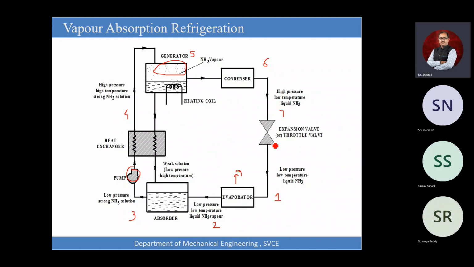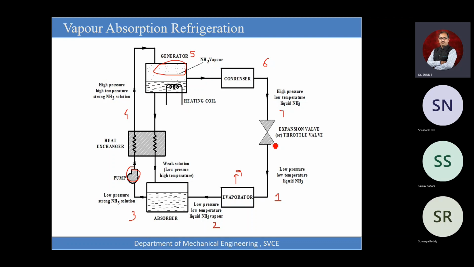At point 6, that is in the condenser, now what is happening at point 6? The vapor ammonia is getting converted to liquid.